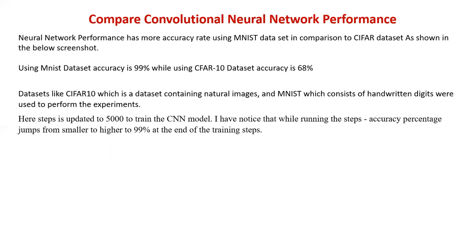Neural network performance has a higher accuracy rate using the MNIST dataset in comparison to the CIFAR dataset, as shown in the below screenshot. Using the MNIST dataset, the accuracy we found is 99%, whereas using the CIFAR dataset it is 68%.